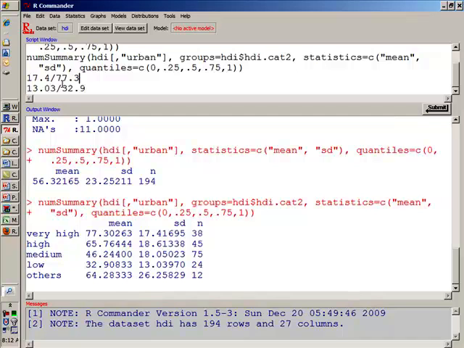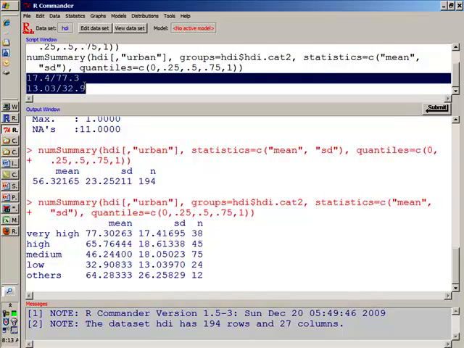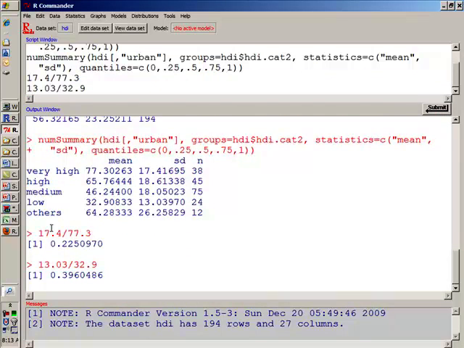Then I select these two commands here. If you are following me, you can select these two commands, and after selecting them, I click on submit, and look, it has computed these two values for me. The coefficient of variation for very highly developed countries is 0.225, and the coefficient of variation for the low developed countries is 0.39.